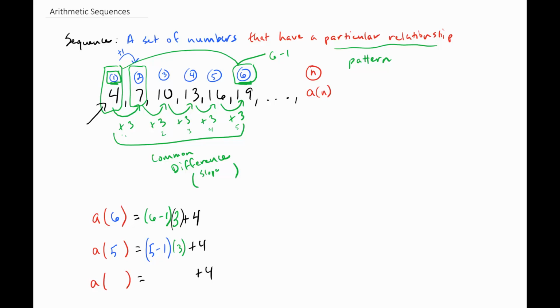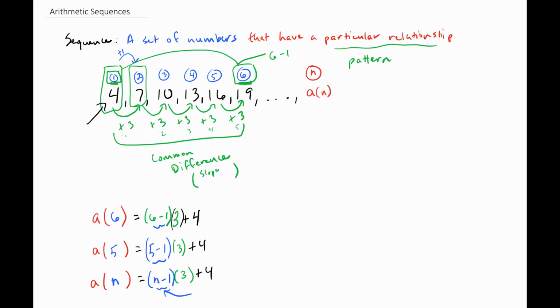And the 3, that's my common difference, has never changed. The only thing that changes is that I am counting from 1 to n. This piece right here is giving me the number of 3s each time. And since I'm going to n, I'm going to have n minus 1 steps.